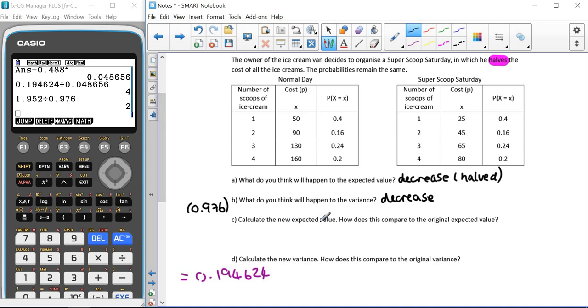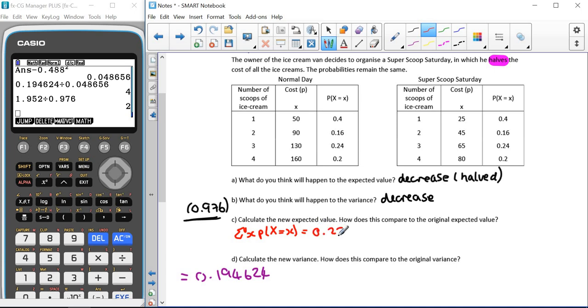So now we want to calculate the new expected value, and look at how this compares to the original one. I've copied the original value over from my example on the previous part of finding mean and standard deviation of discrete random variables. So we're looking at the sum of x, p of x equaling the expected value of x, which, remember, we do by doing the outcome times the probability.